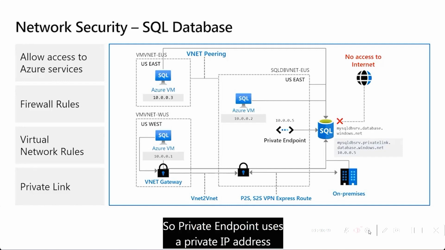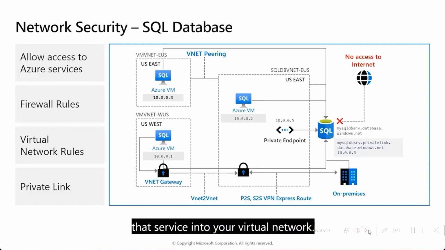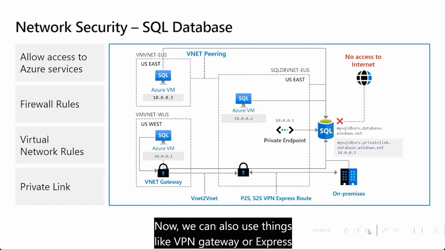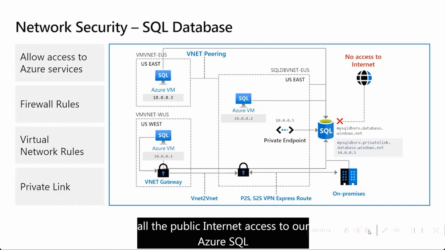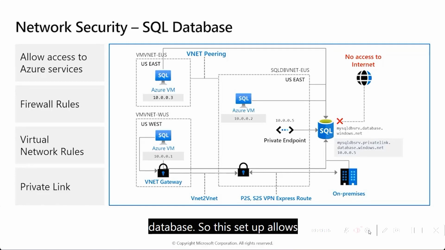So private endpoint uses a private IP address from your virtual network so that it effectively brings that service into your virtual network. Now, we can also use things like VPN gateway or ExpressRoute to connect our on-premises environment to our Azure Virtual Network. And then we can block off all the public internet access to our Azure SQL database.